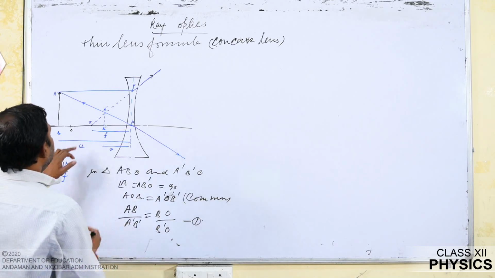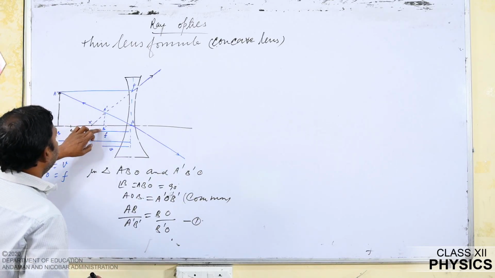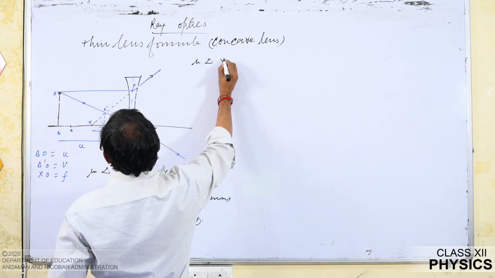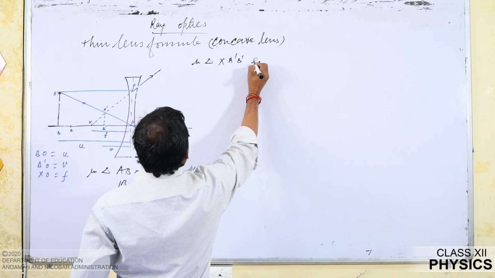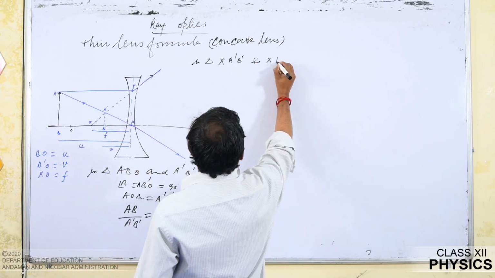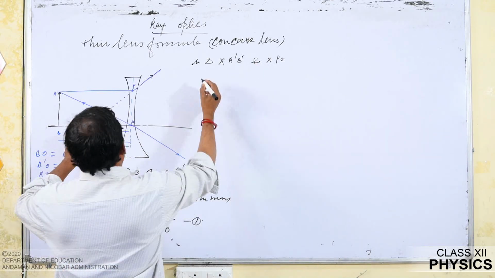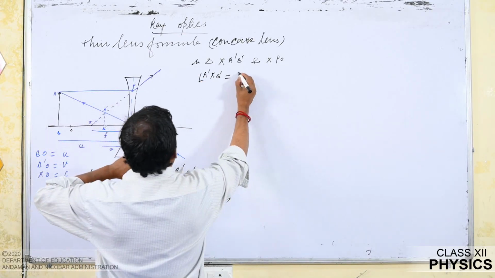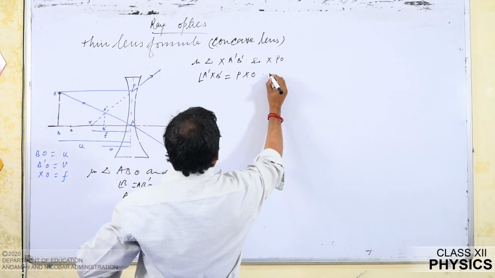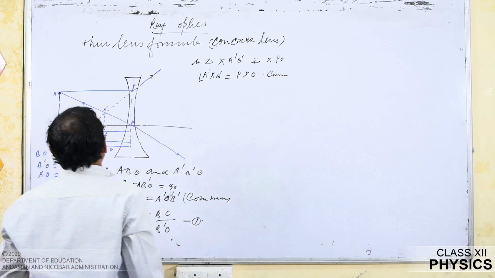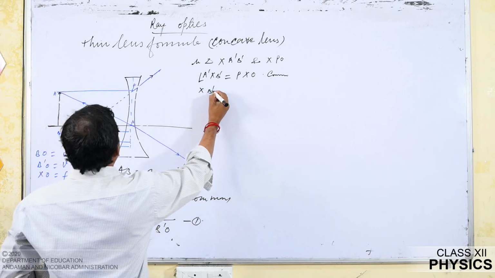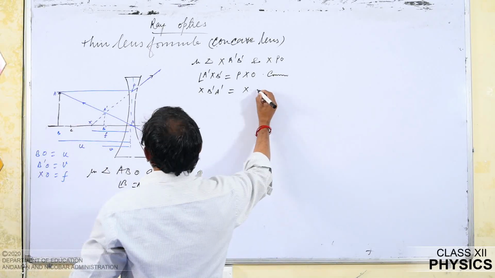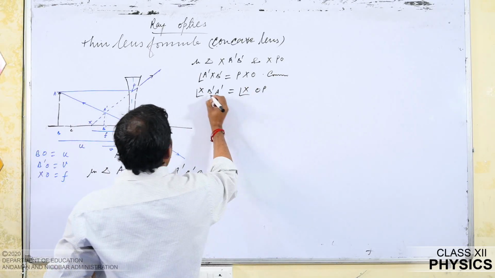Now, similarly, take the triangles X A dash B dash and X P O. In triangles X A dash B dash and X P O, we have angle A dash X B dash is equal to angle P X O, common, and angle X B dash A dash is equal to angle X O P, both are 90 degrees.